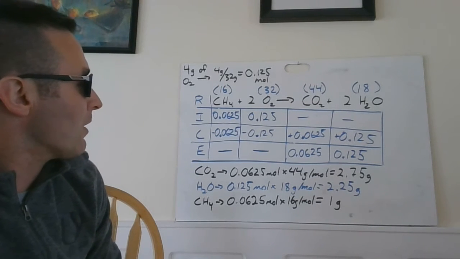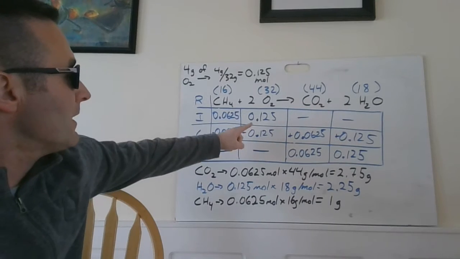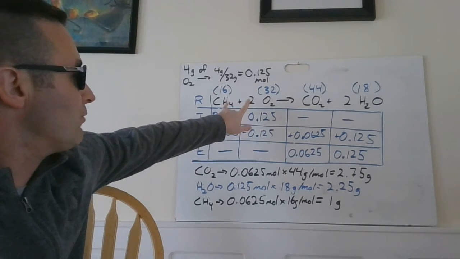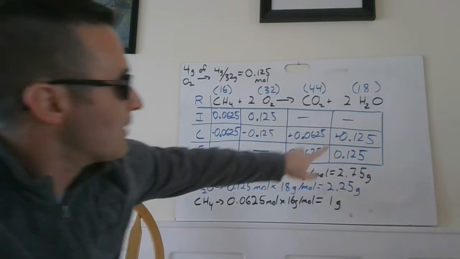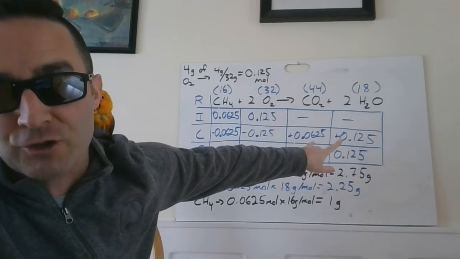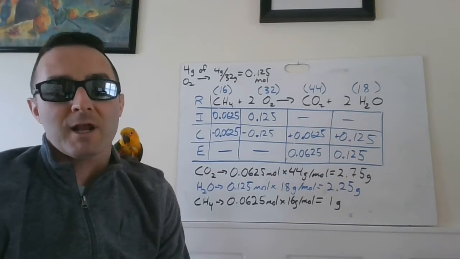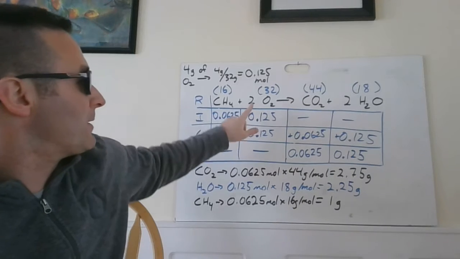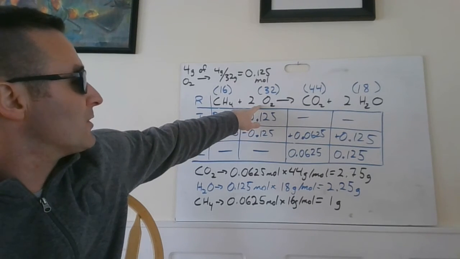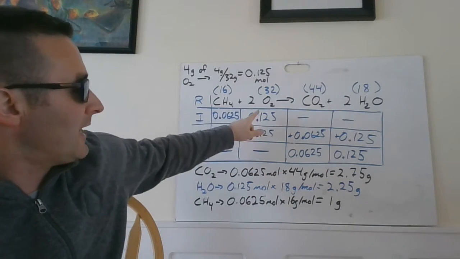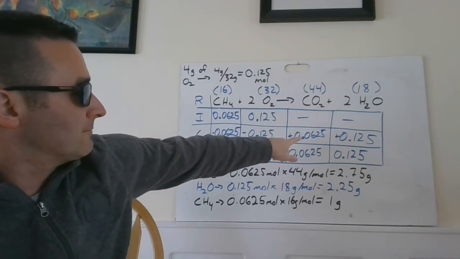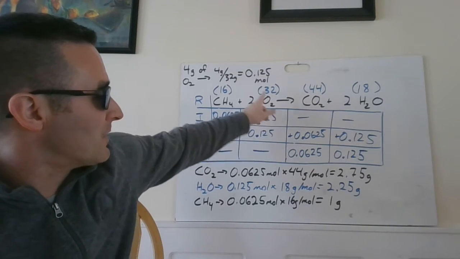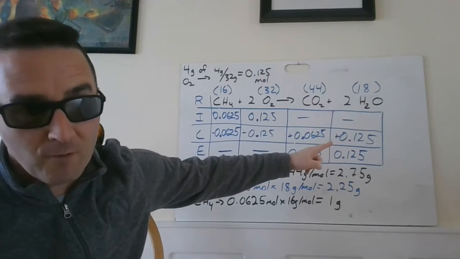The trickiest part where most people mess up is understanding what to do with the 1 to 2 at the beginning and what to do with the 1 to 2 in the change line. It's tricky for a lot of people at the beginning. You have to understand that this means you need twice as much oxygen, and you're going to get then half as much carbon dioxide as you did oxygen and the same amount of water.